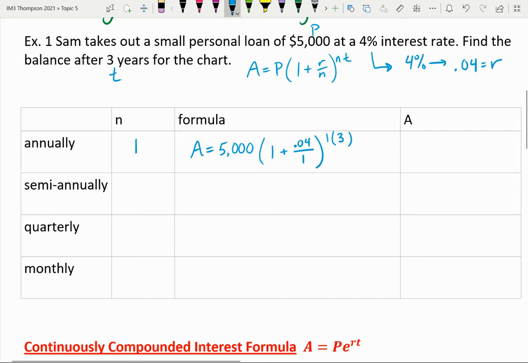Then we'll take that and multiply by 5,000. In your calculator, that's best done by just doing times 5,000. You don't have to retype that number.